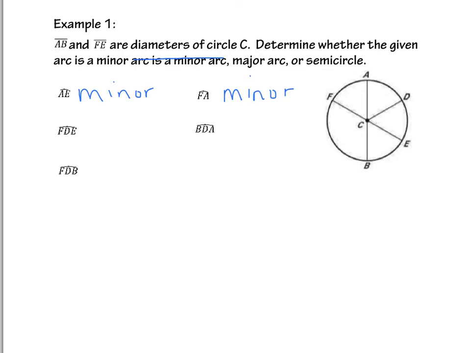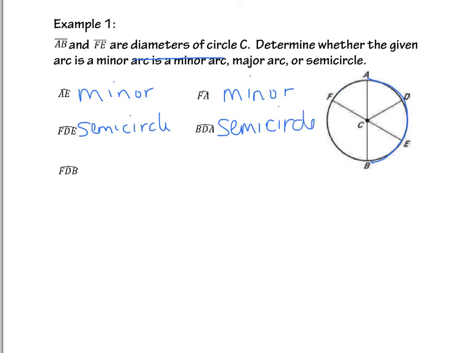Arc FDE, so F to D to E, is half the circle, so we would call that a semicircle. Then we have arc BDA, so B to D to A, again is half the circle, so that's a semicircle.